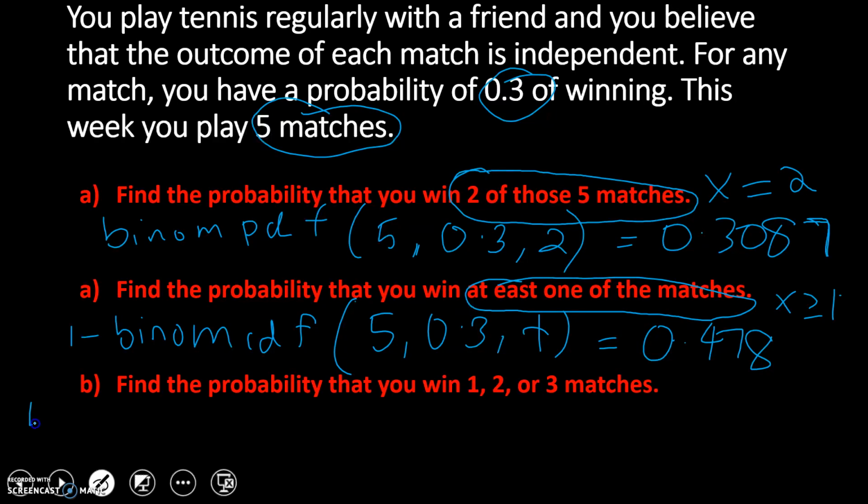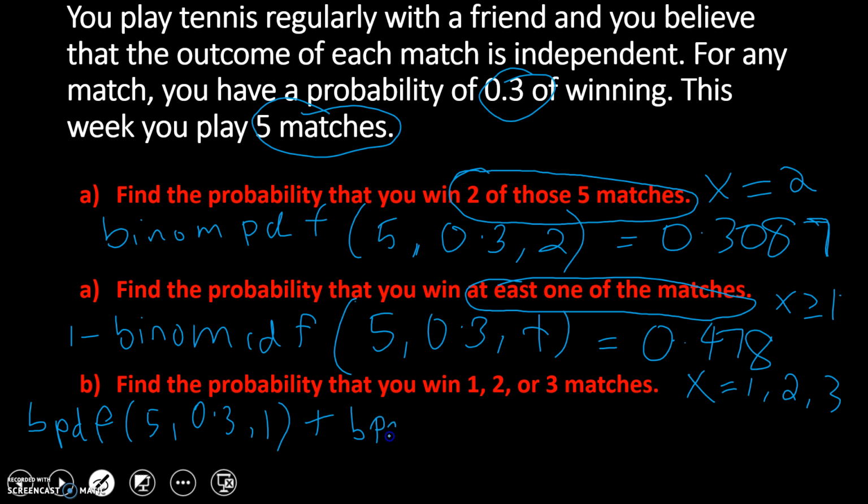It's exact, so we have binomial PDF of 5, 0.3, and 1, plus binomial PDF of 5, 0.3, and 2, plus binomial PDF of 5, 0.3, and 3.